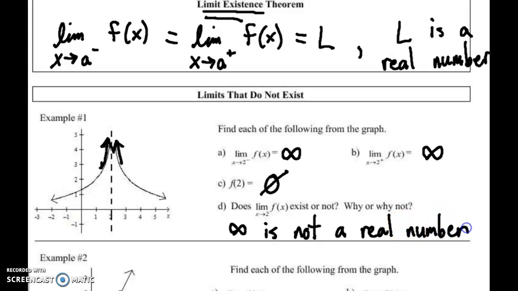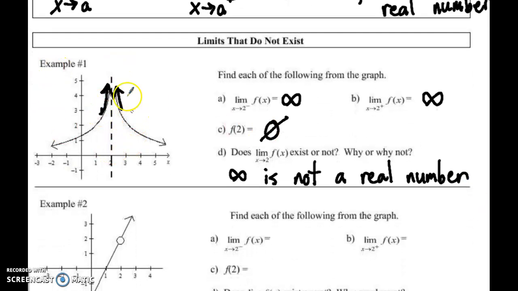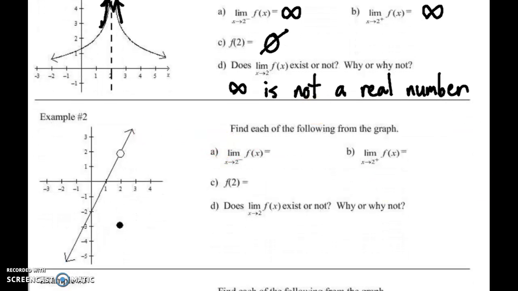It's more like an idea or a behavior. So you can see that the behavior of the graph goes infinitely up. I should have written down "no" first, that this limit does not exist. And why not?